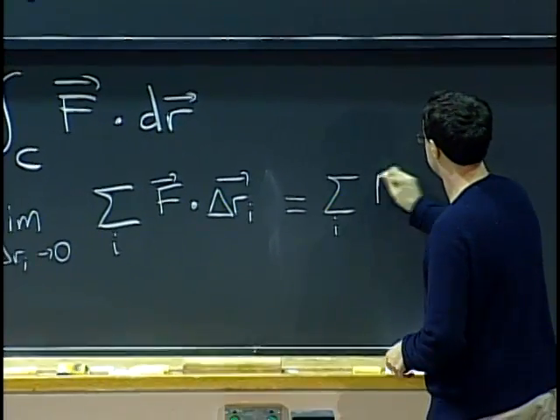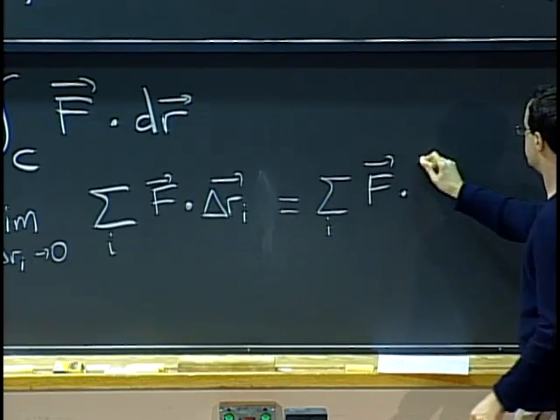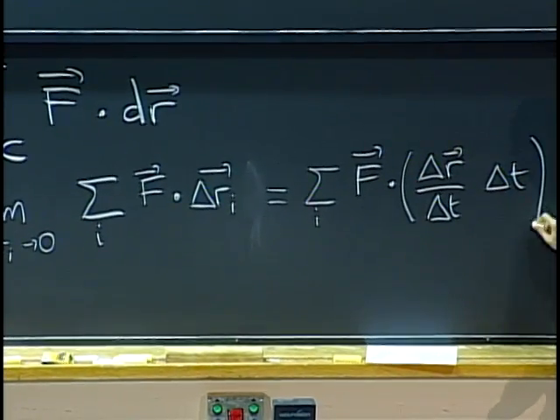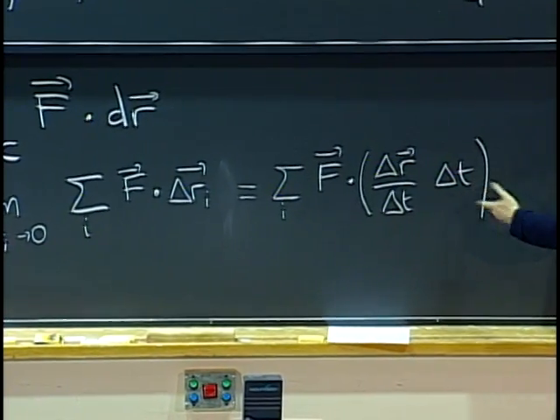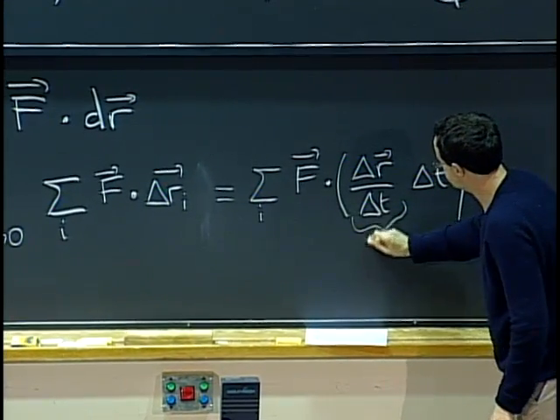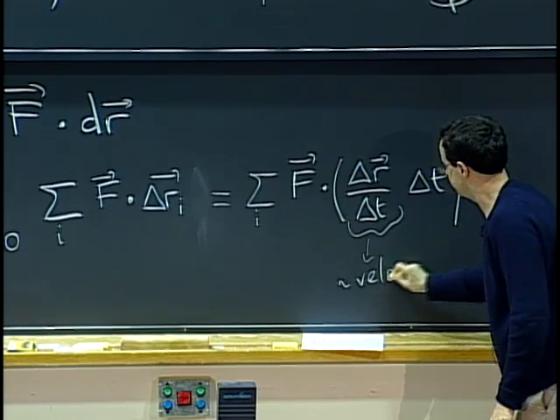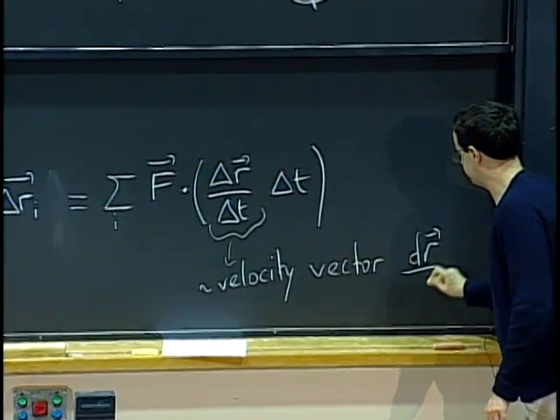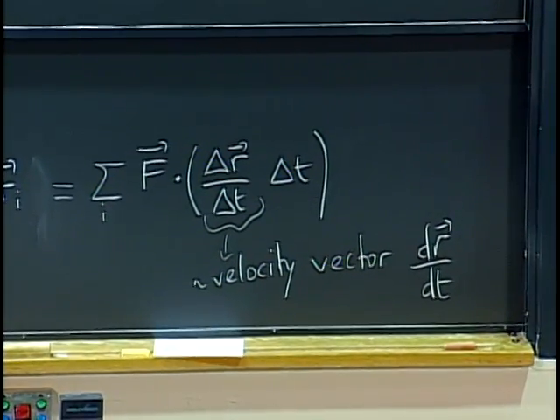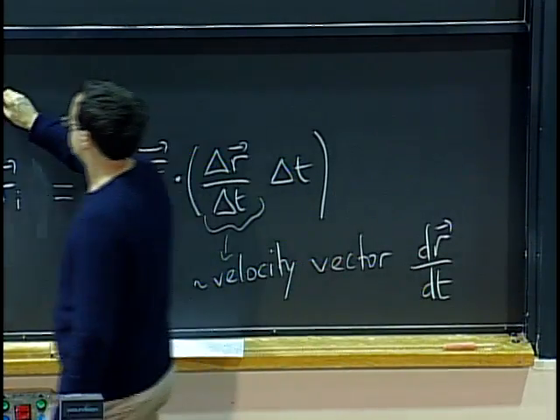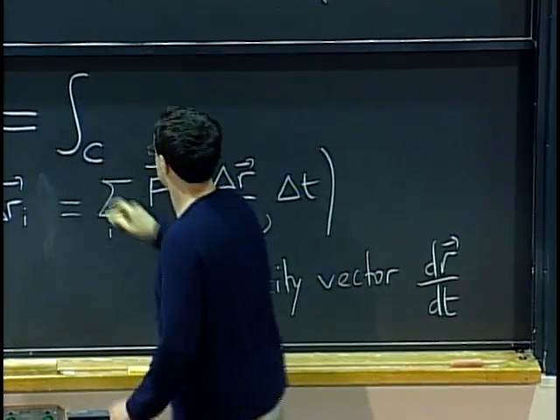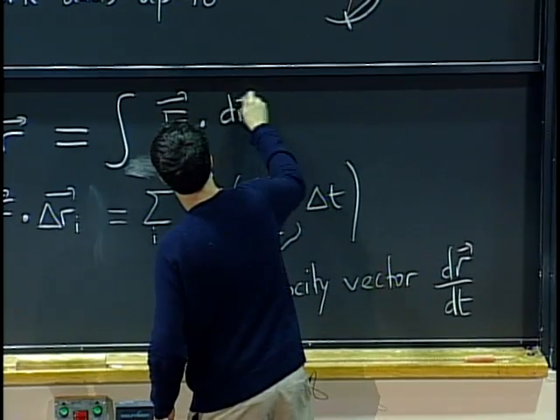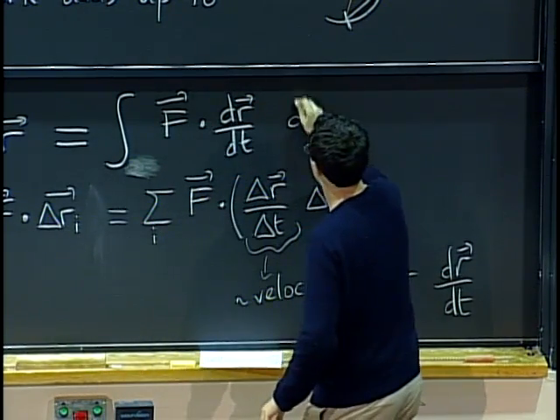So, in fact, let me just rewrite this as the dot product between the force and how much you have moved. Well, if I just rewrite it this way, nothing's happened. But what this thing actually is, is the velocity vector, dr/dt. So what I'm trying to say is that I can compute my integral by integrating F dot product with dr/dt over time.